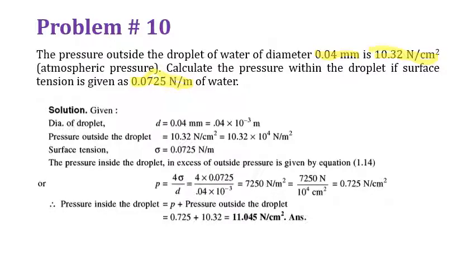So first of all, calculate the pressure inside the droplet of water by using the formula P is equal to 4 sigma over D. And this pressure is in excess of the outside pressure. So the total pressure inside the droplet is the pressure due to surface tension plus the pressure outside the droplet, which was given as 10.32 Newton per centimeter square. So add these two and you'll have your total inside pressure.